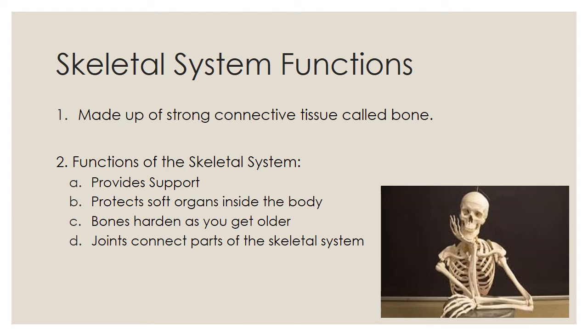So organs that are underneath our rib cage, like our heart and our liver. Our liver is actually on the right-hand side, and it's kind of up high near the bottom of your rib cage. It protects our soft organs, and as we get older, our bones harden, and then joints connect parts of our skeletal system.